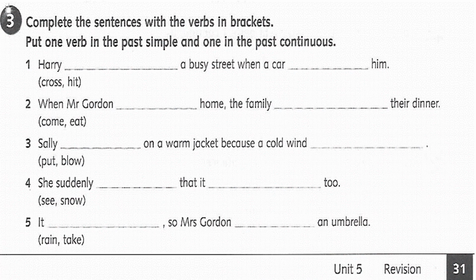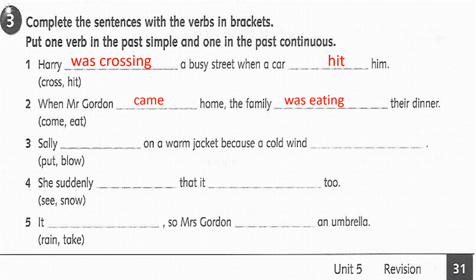Let's complete the sentences with the verbs in brackets. Put one verb in the past simple and one in past continuous. Number one, Harry was crossing a busy street when a car hit him. Number two, when Mr. Gordon came home, the family was eating their dinner.